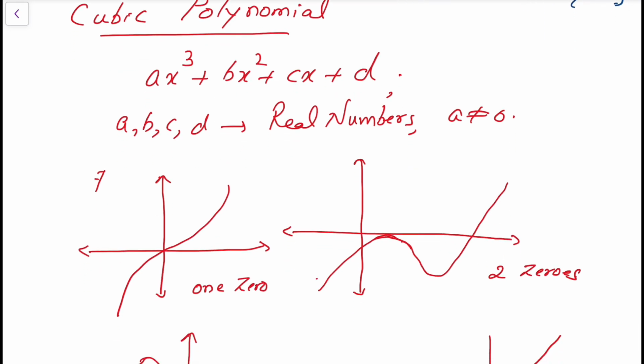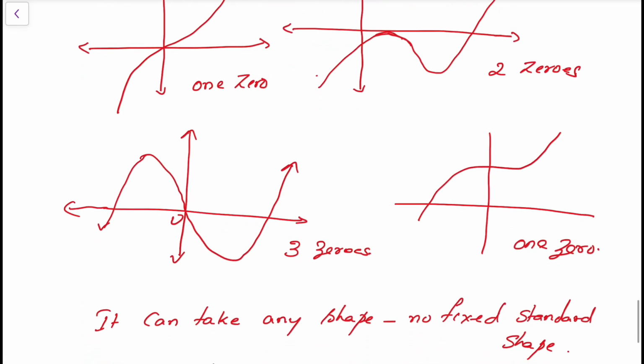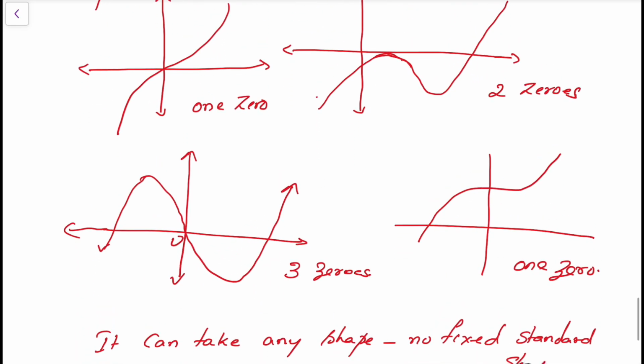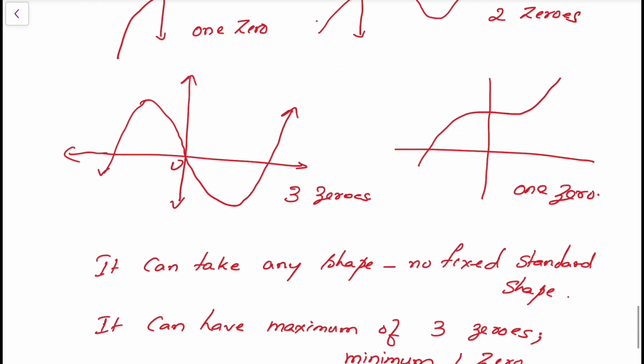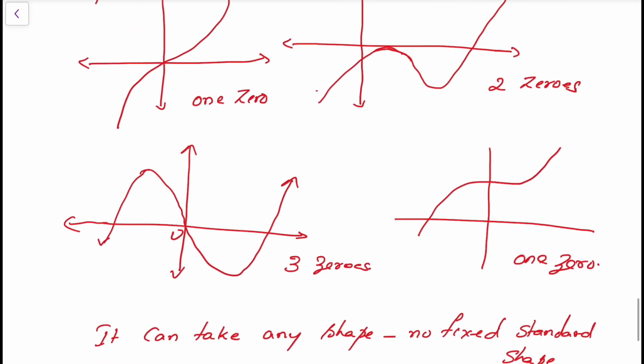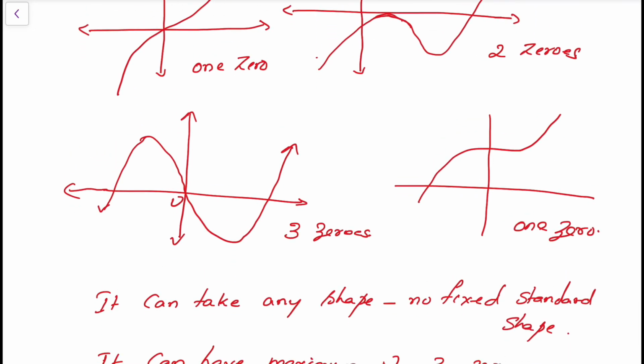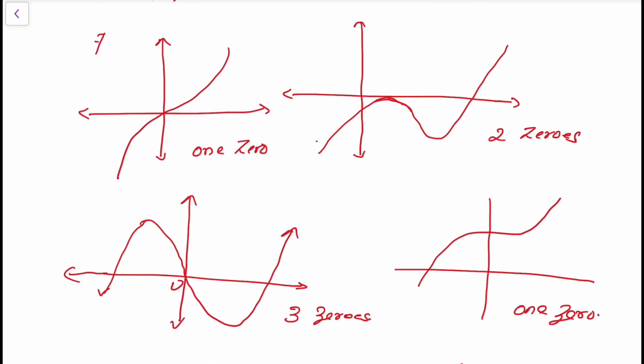Now coming to the cubic polynomial, ax cube plus bx squared plus cx plus d. A cubic polynomial does not have any fixed shape. It can take any shape. It can have a maximum of 3 zeros and a minimum of 1 zero. Always, a polynomial of degree n will have a maximum of n zeros.